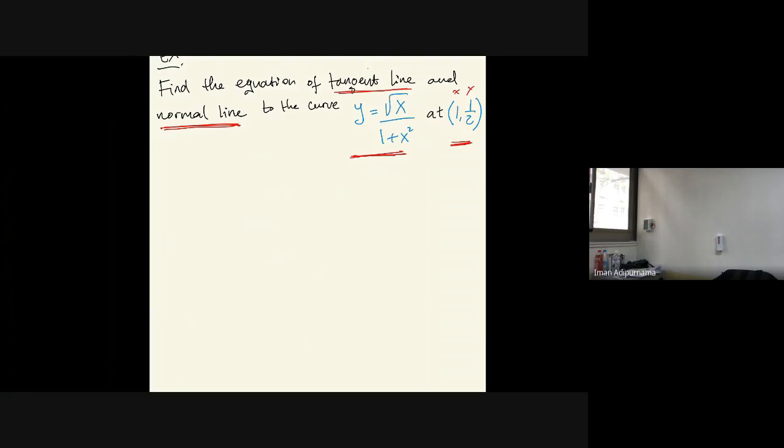But the idea for how to solve is pretty much the same. You try to find.